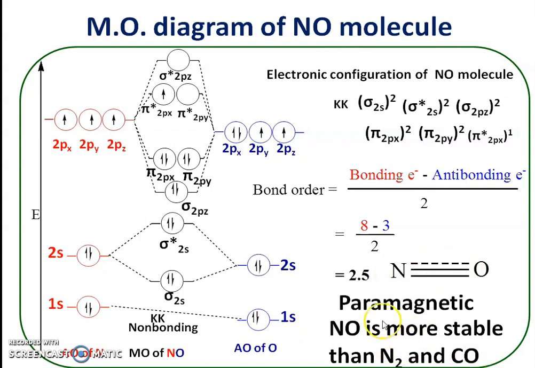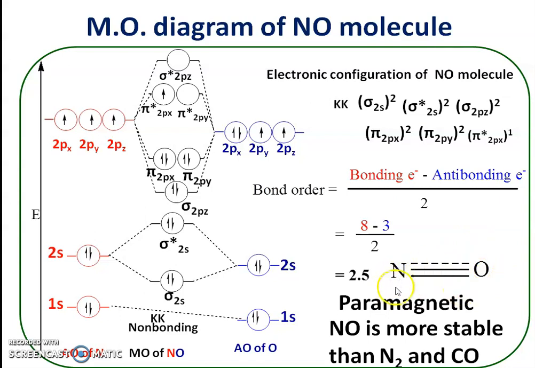The reason for this is that there is one unpaired electron in the pi star 2px anti-bonding molecular orbital, and this unpaired electron is evenly distributed between nitrogen and oxygen. Actually the electronegativity difference between nitrogen and oxygen is not that much. The electronegativity of oxygen is 3.5 and that of nitrogen is 3.